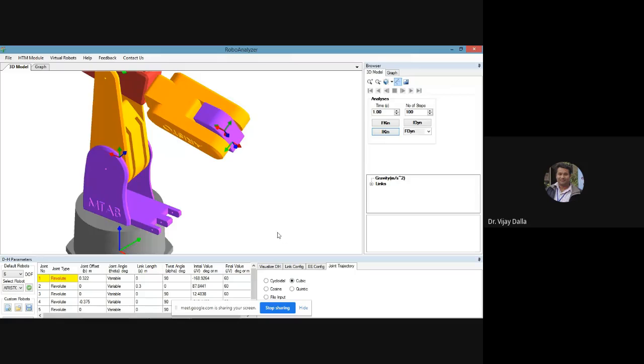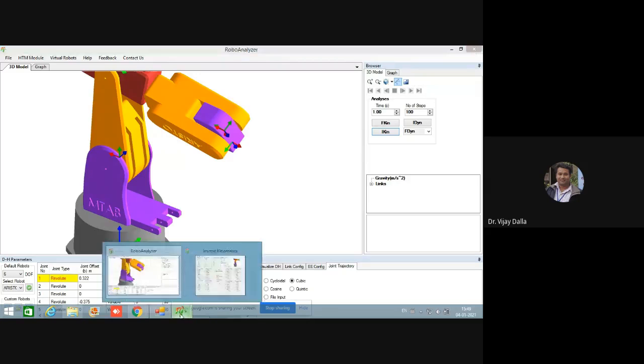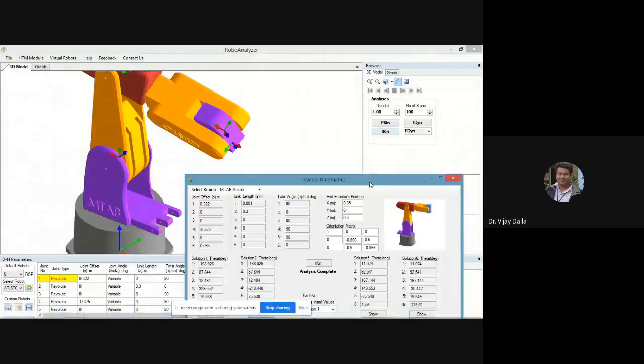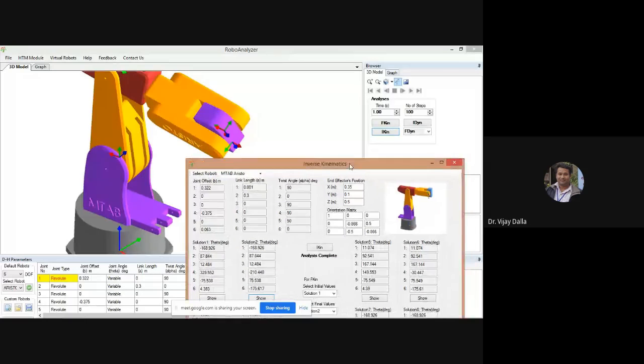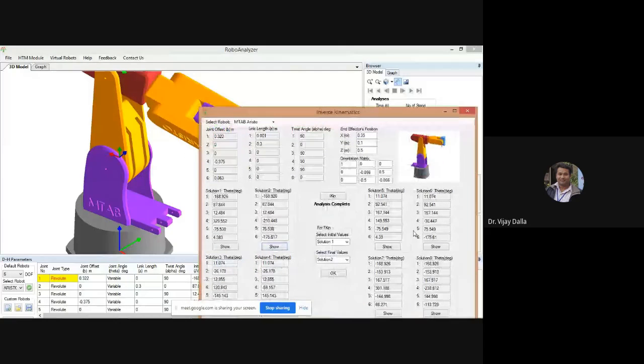But one observation: the joint movement should be minimized as much as possible. Suppose I want to know about the configuration of solution 7.